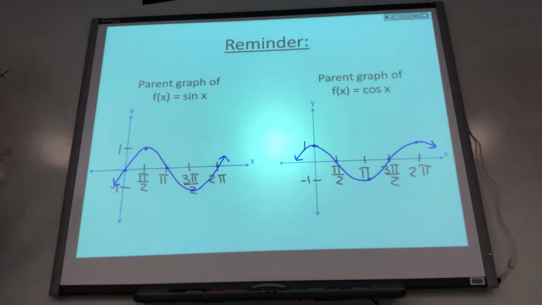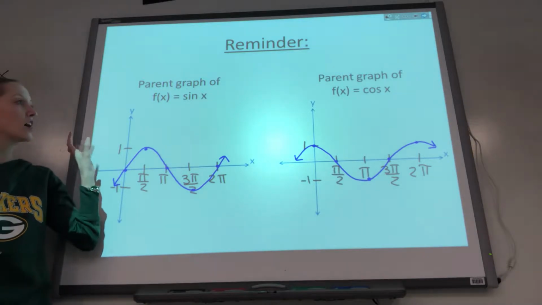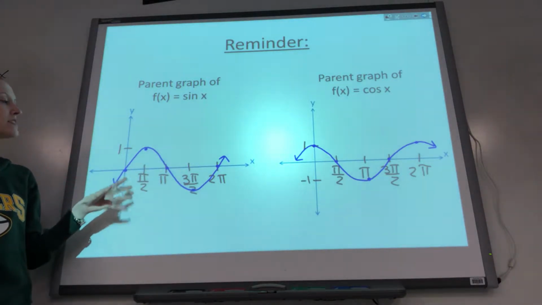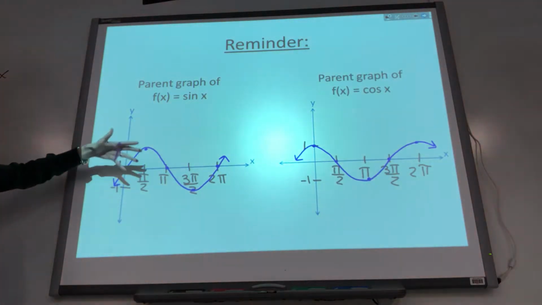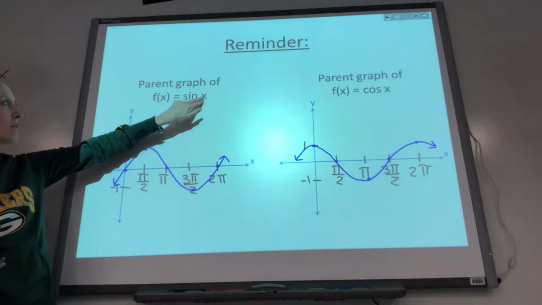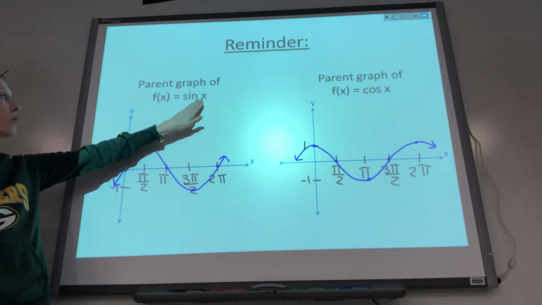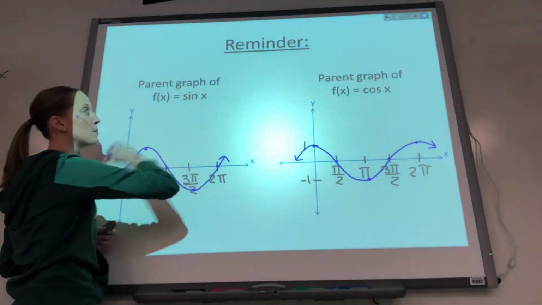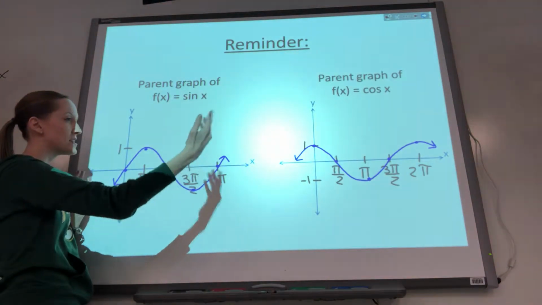The reason I'm pointing that out is because our first 2 examples today are going to be graphs that have different periods. You'll start to notice that when there's a number in front of x, or multiplied by x, which we haven't really seen yet, that is what changes the period.